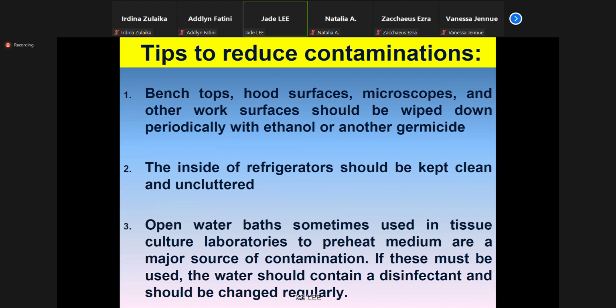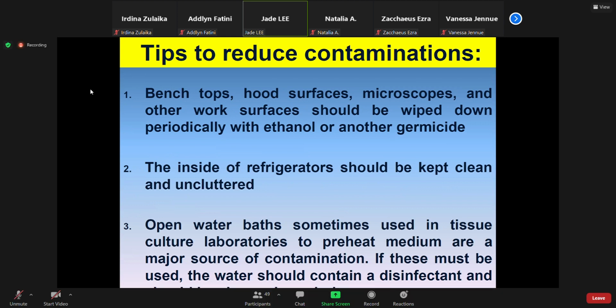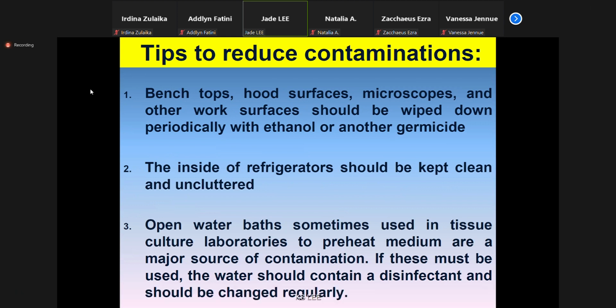Okay, but a lot of the time, if you go to the refrigerator of most labs, it is very messy. Not to mention the lab, you look at your own refrigerator at home. Is it clean? Or do you just chuck everything inside? Or your mom probably just chucks everything inside the refrigerator.